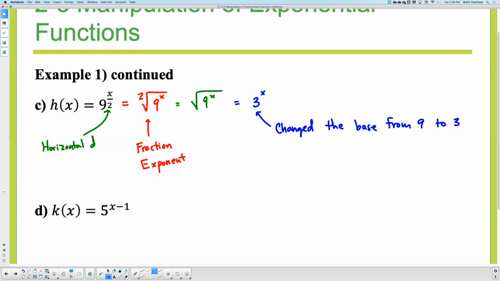This is a horizontal dilation by a factor. Now, does this lie or tell us the truth? So instead of dividing by 2, what actually happened to the x's? We multiplied by 2. So we'd say horizontal dilation by factor 2. A horizontal dilation becomes a change of base.